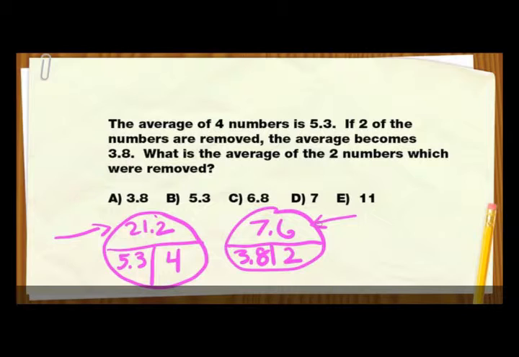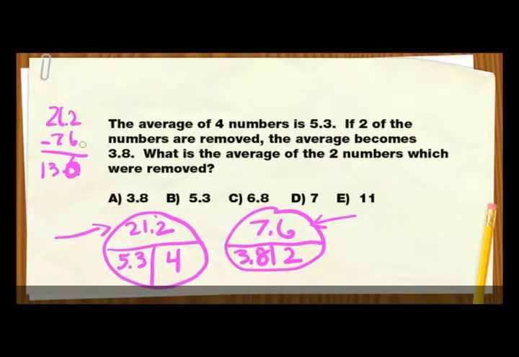So the first thing we need to do is figure out what the numbers that we took away add up to. So 21.2 minus 7.6 is going to give us 13.2. Actually, no, 13.6.